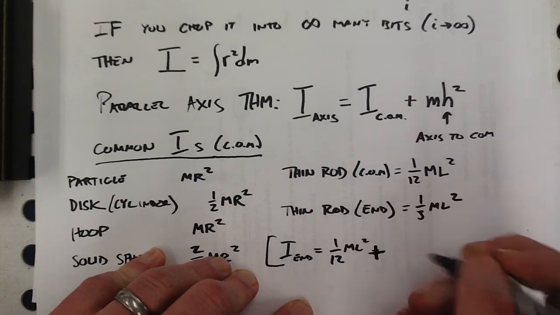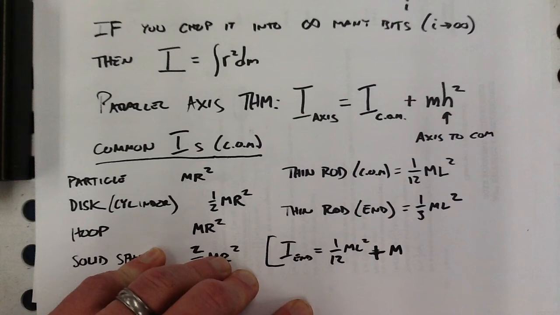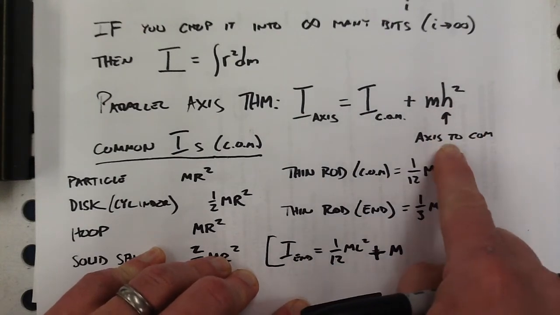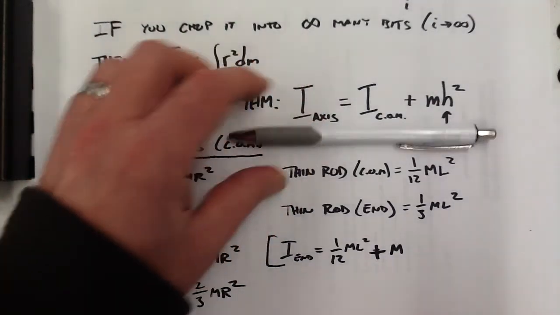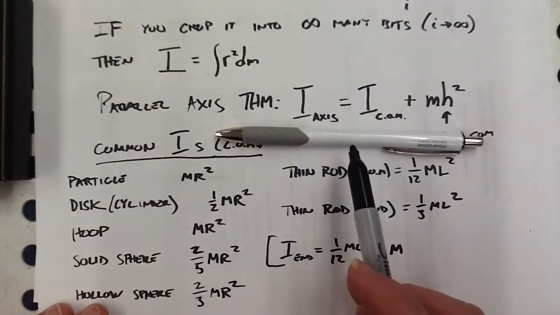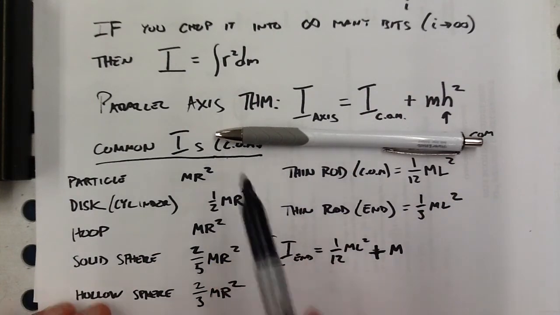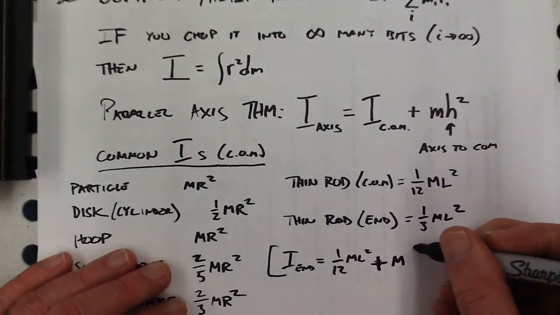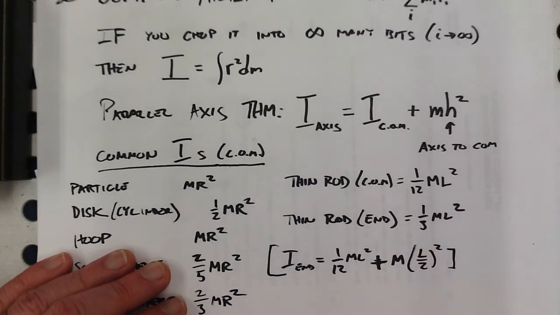Plus mh squared, where m is the mass of the rod, and how much have we shifted here? If you're shifting the axis from the center of the rod to the end, that is half the length of the rod. So that's L over 2 squared.